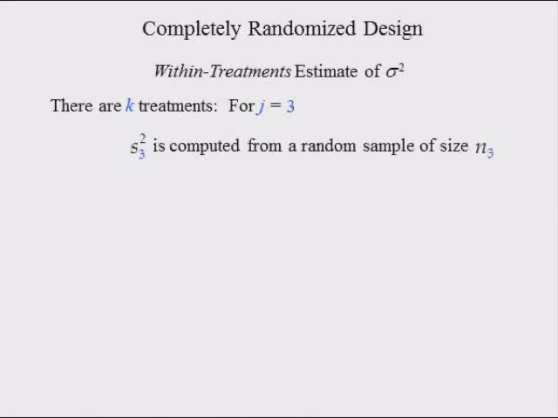For the third population, j equals 3. Sample variance S3 squared is computed from a sample of size n3. S3 squared is used to estimate the variance from population 3, etc. For the kth population, j equals k.